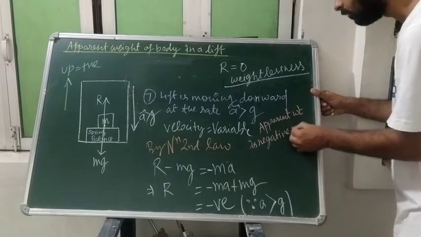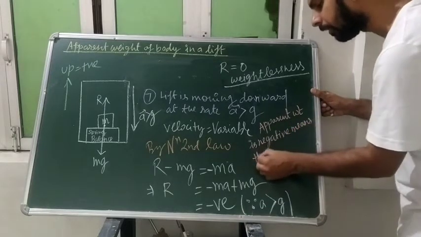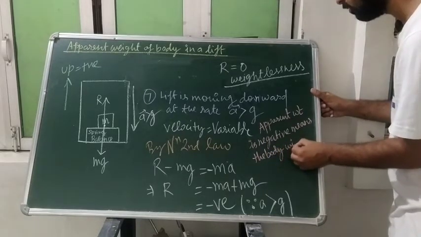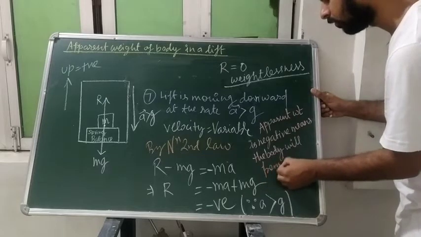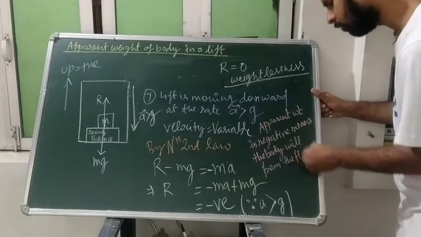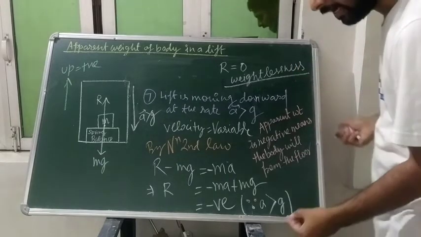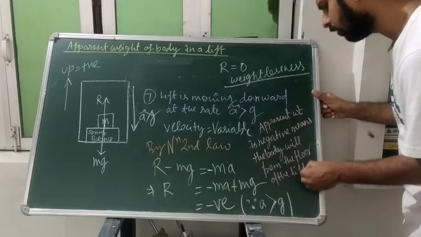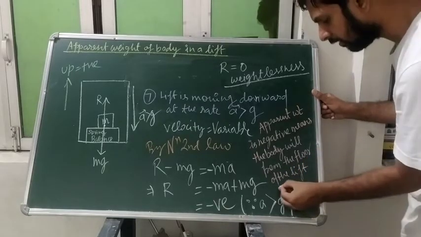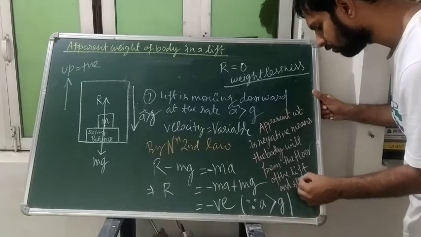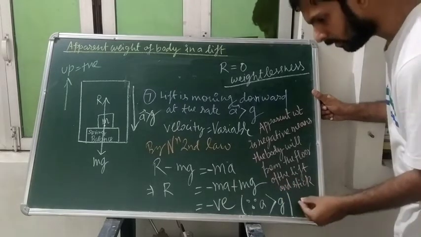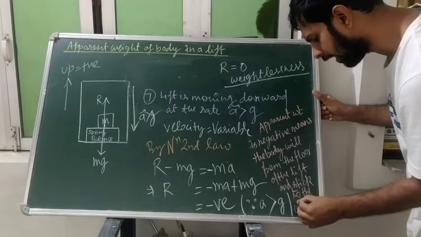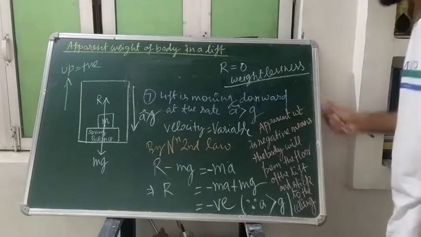Negative means the body will rise from the floor of the lift only, not any other floor, and stick to the ceiling of the lift.